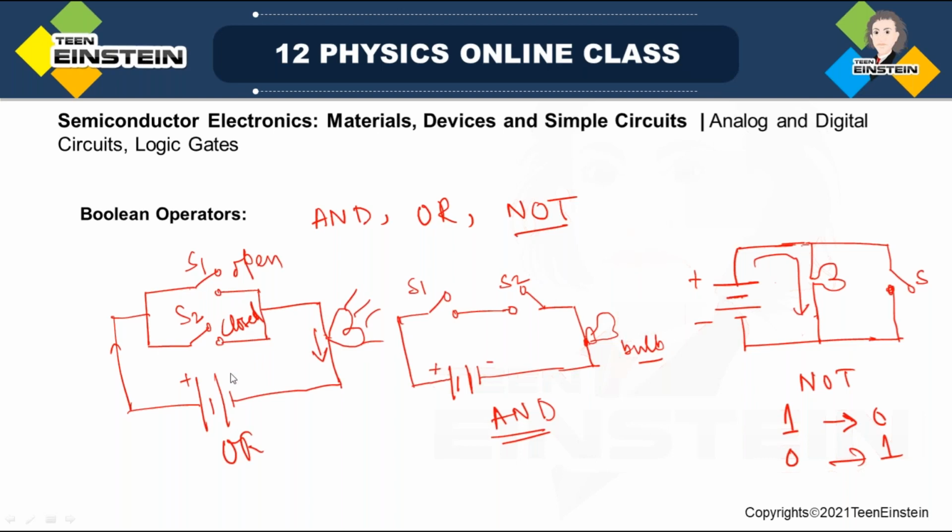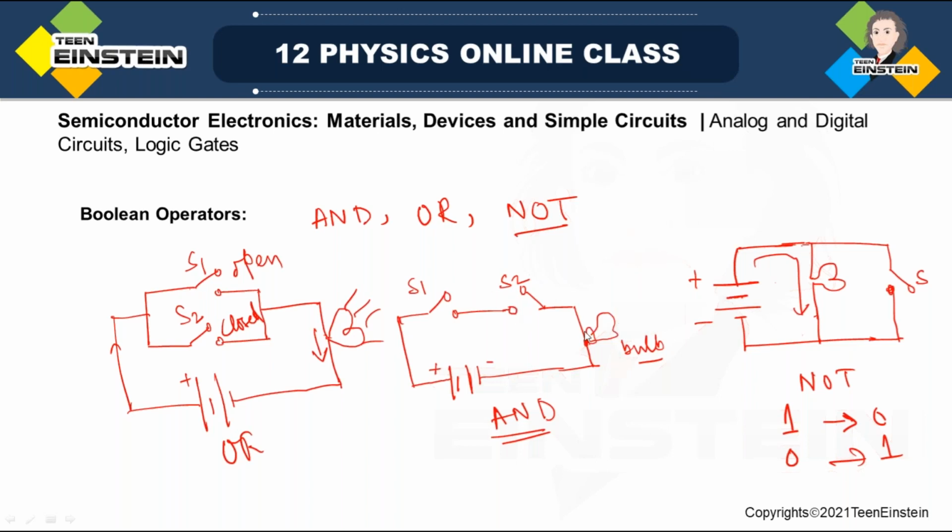Whatever may be the input switches, there will be only one output. That's why it is said that OR gate and AND gate can have many inputs. At least 2 you need, not any number, I am sorry. At least 2 or more than 2, any number you can take.